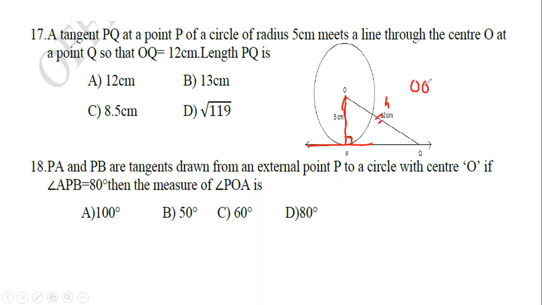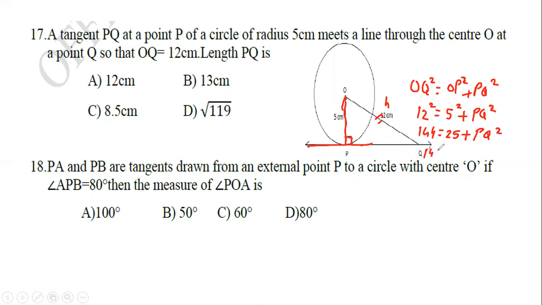So apply Pythagoras theorem. OQ square is equal to OP square plus PQ square. OQ is 12 square is equal to OP is 5 square plus PQ square. So 12 12s are 144 is equal to 5 5s are 25 plus PQ square.